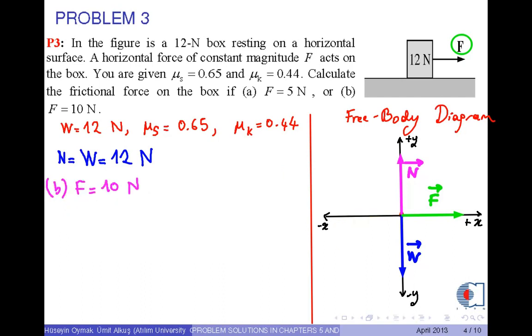In the second case, namely when F equals 10 newtons, then it is greater than Fs max, which is 7.8 newtons.